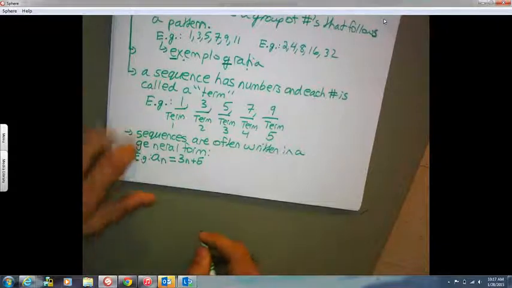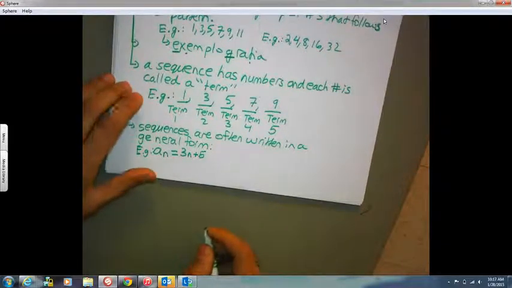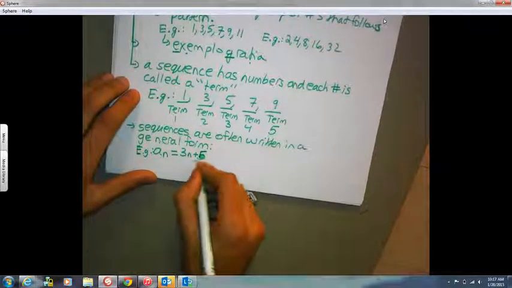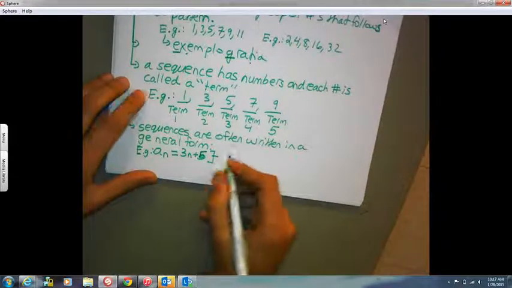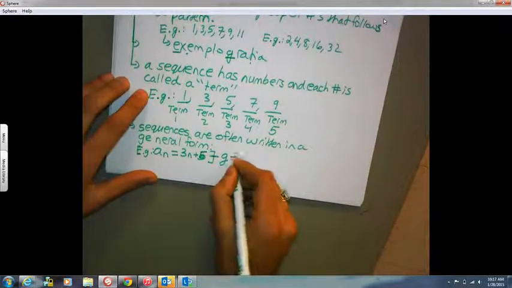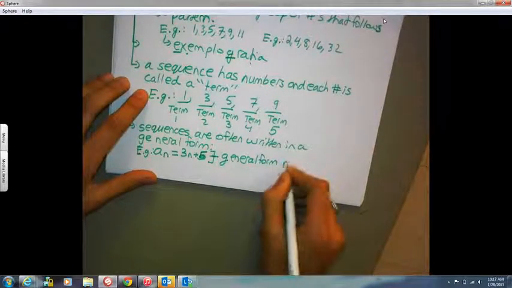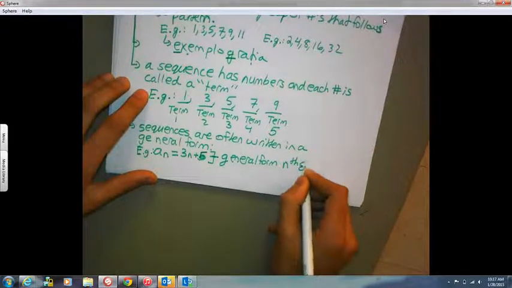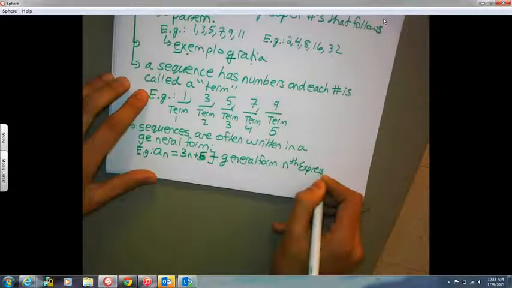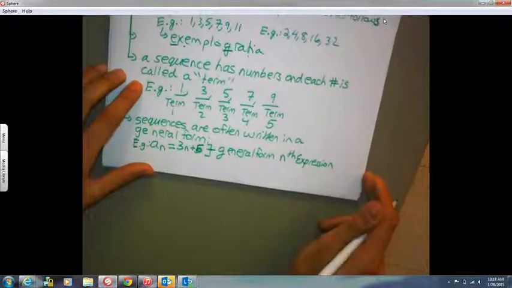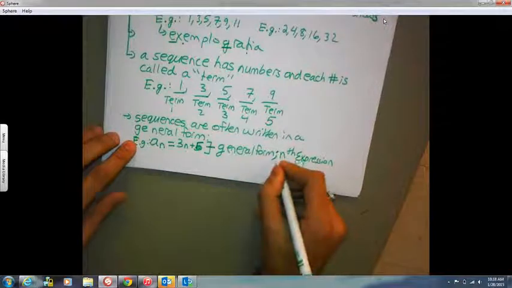A sub n equals 3n plus 5. We call this the general form or the nth expression. Those are just synonyms. General form, nth expression.